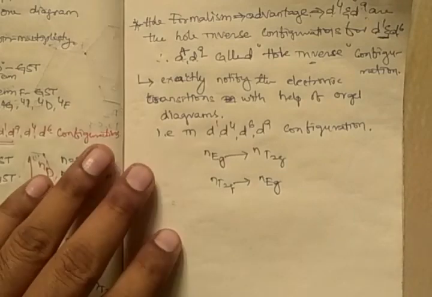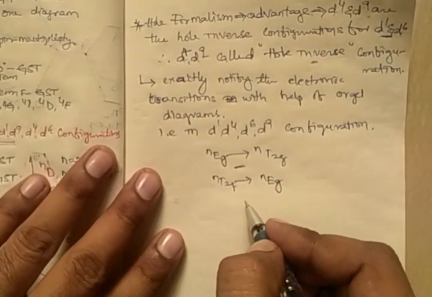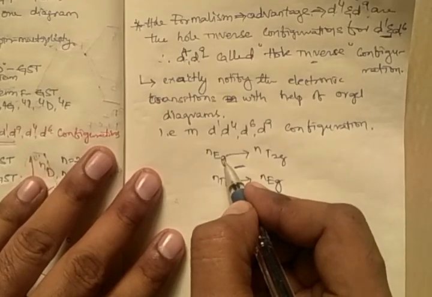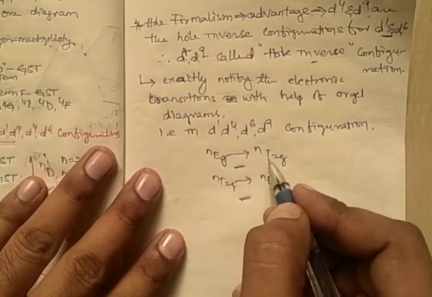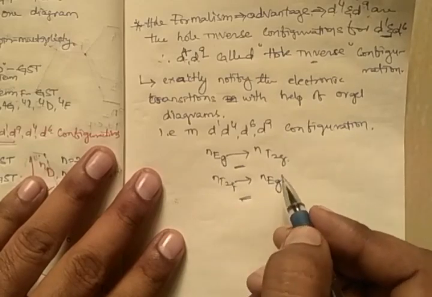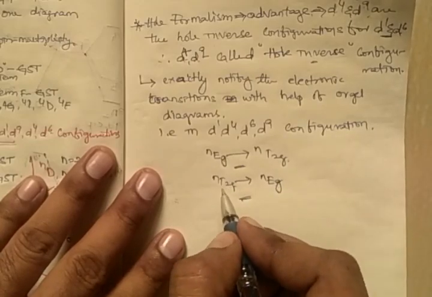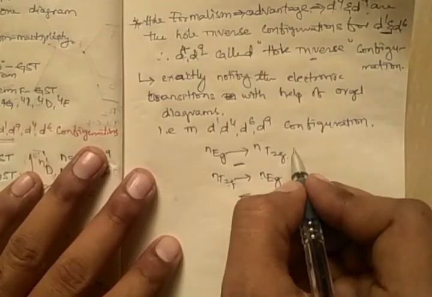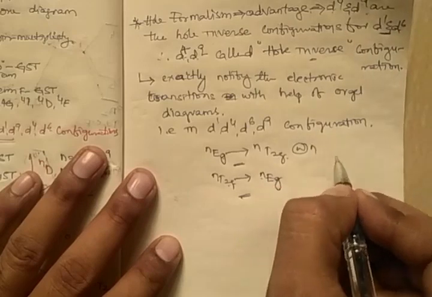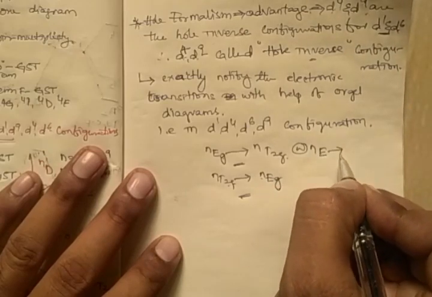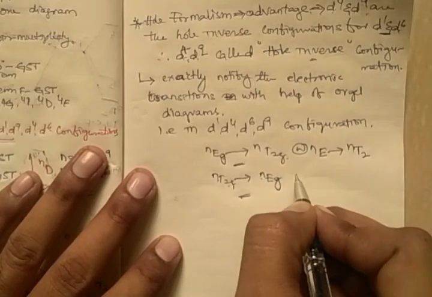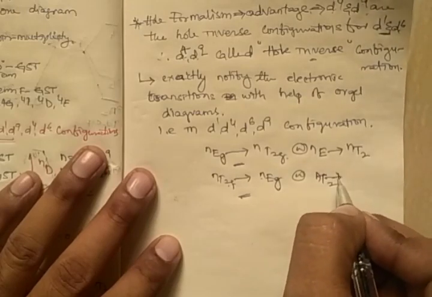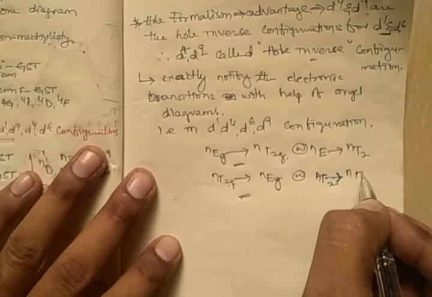We can observe one electron transition, either from the nEg ground state to the nT2g higher energy state, or from nT2g to nEg.